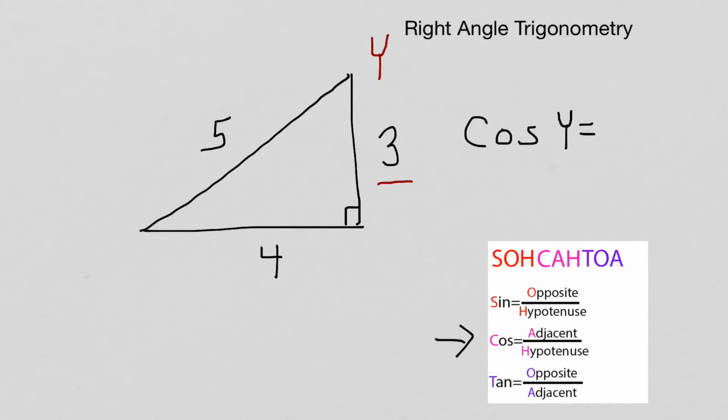So it's going to be 3 over the hypotenuse, which is 5. That's your answer, 3/5. You would write it like this on your email to me.